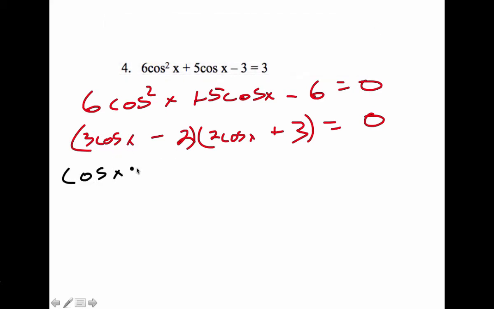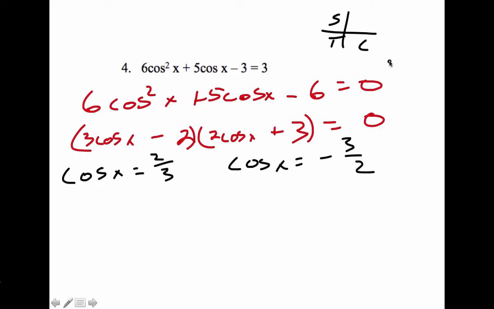Cosine x equals 2/3. Cosine x equals negative 3 over 2. Again, cosine x equals 2/3. We're talking about positive, so we're talking about quadrant number 1 and quadrant number 4.